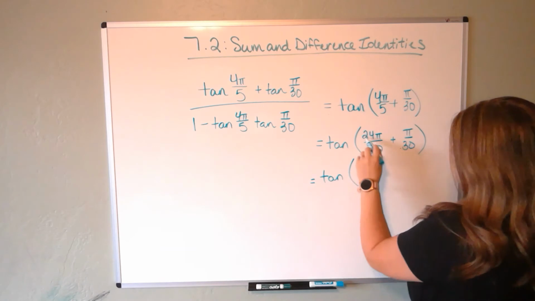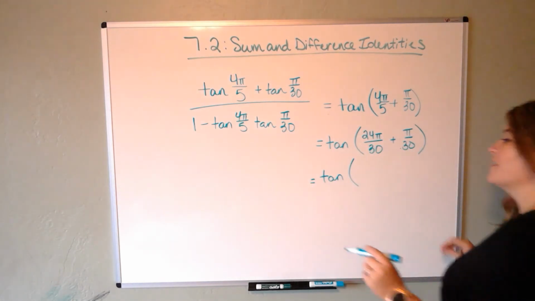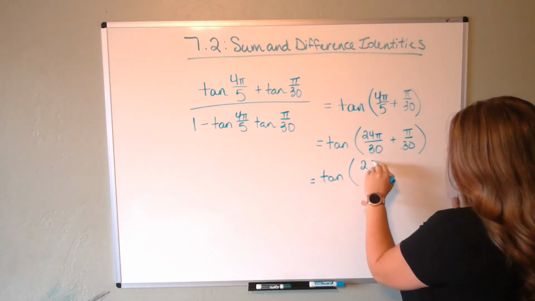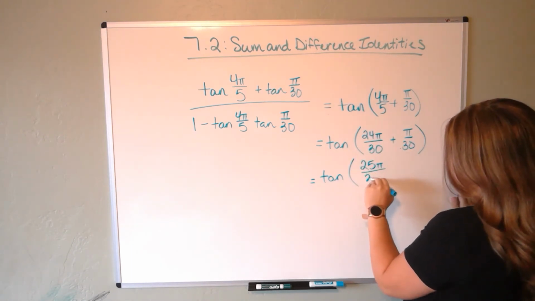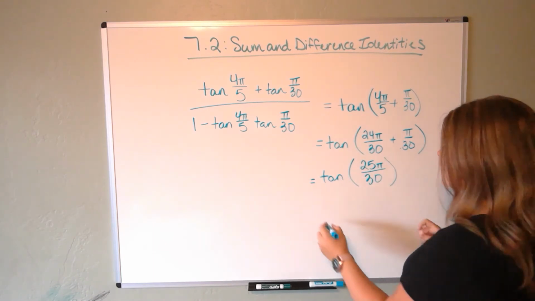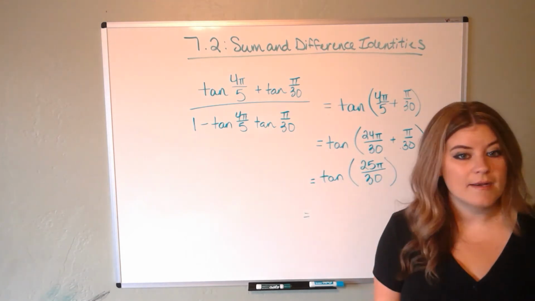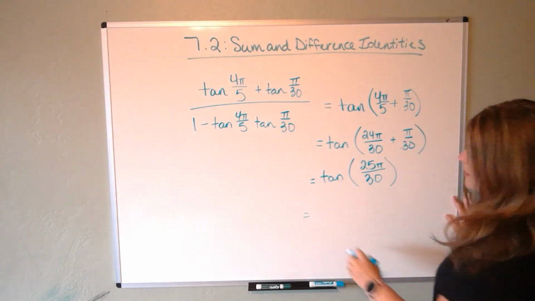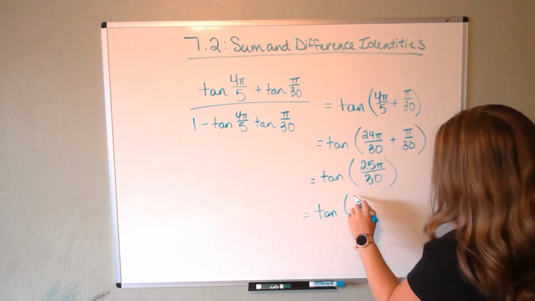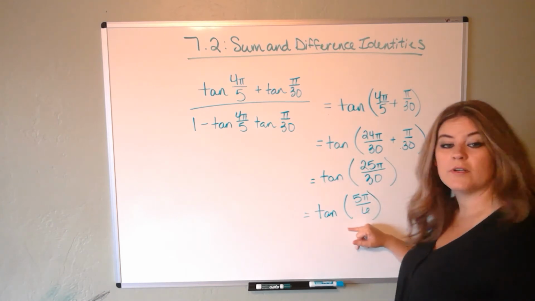So 24 pi plus 1 pi, that's 25 pi over 30. This is my starting angle. That's what they started with before they broke it up. Reduce that as much as possible. That's an easy reduction. Just take 5 out of top and bottom and you get 5 pi over 6, which is 150, yes.